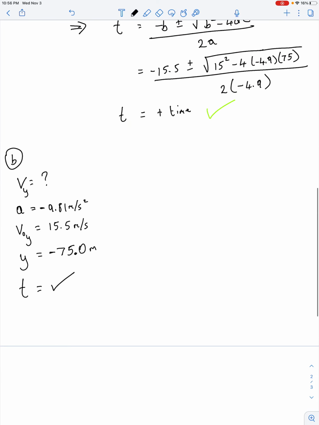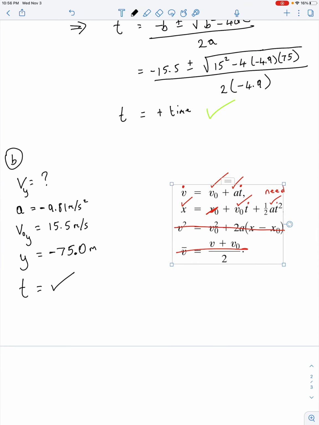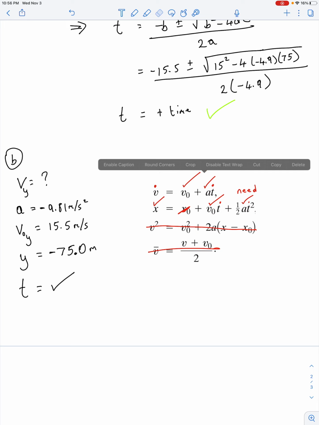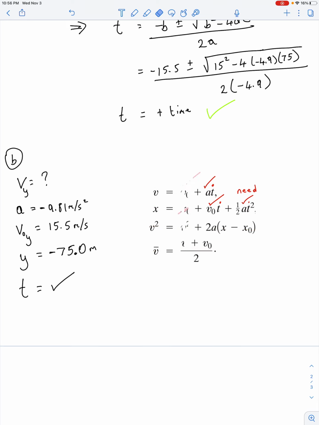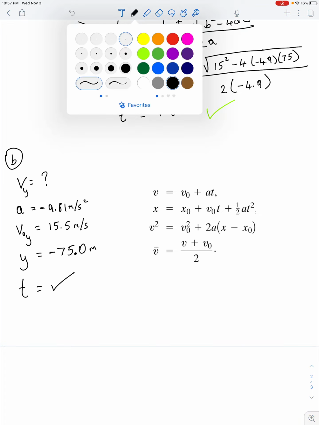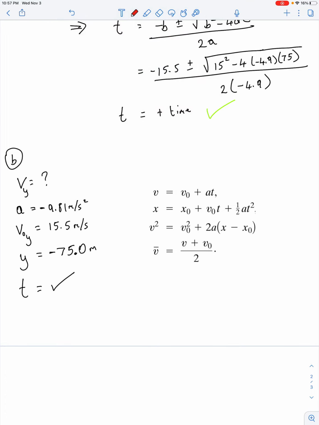And we already established that it's constant acceleration. It's not constant velocity because we know that it's accelerating, so we can't use v equals x over t. So it must be one of these. So all I'm going to do is just repeat the same thing I did before. Remember, we're trying to hack this thing out.